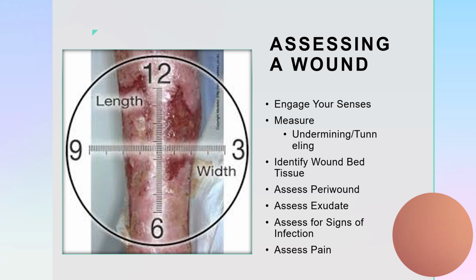The next thing we assess is the peri-wound, and this is going to be up to 4 centimeters around the perimeter of the wound. We're looking at skin integrity, skin color. We're looking for or palpating for induration. In other words, can you feel a delineation in the firmness under the skin?